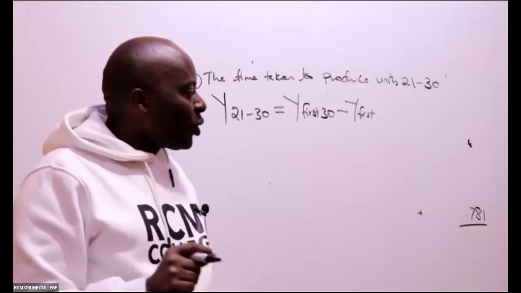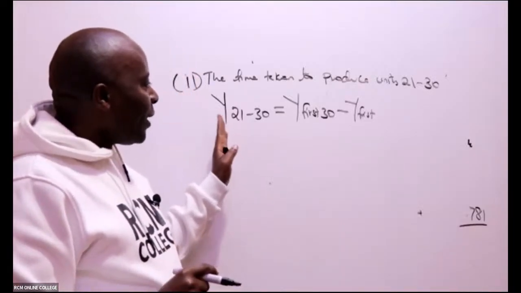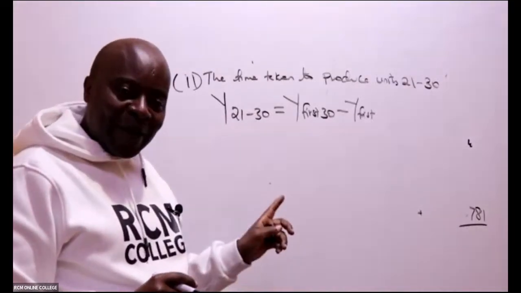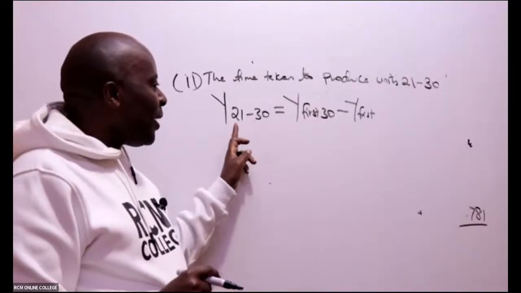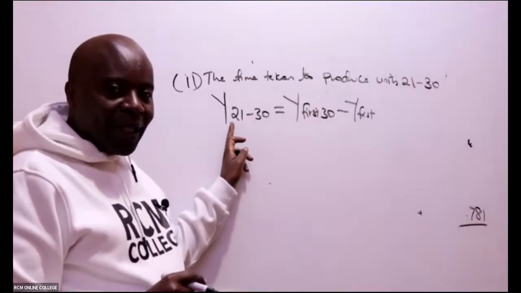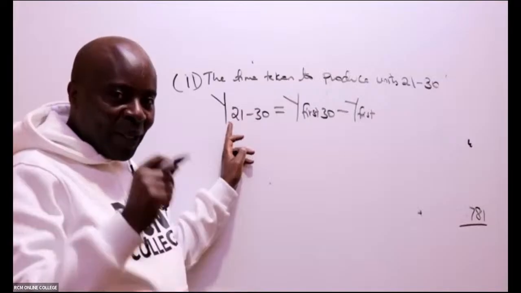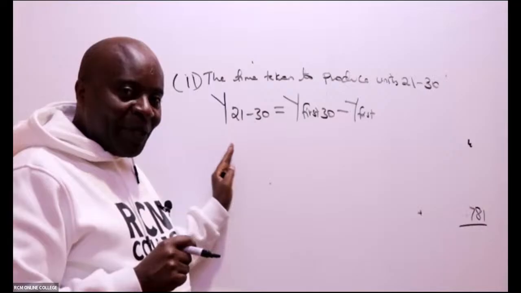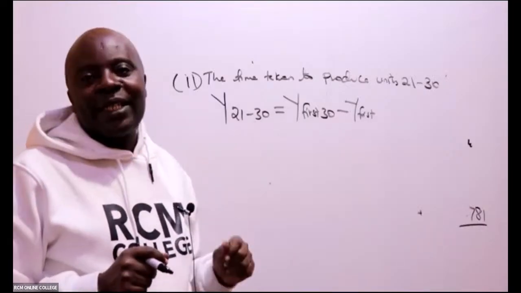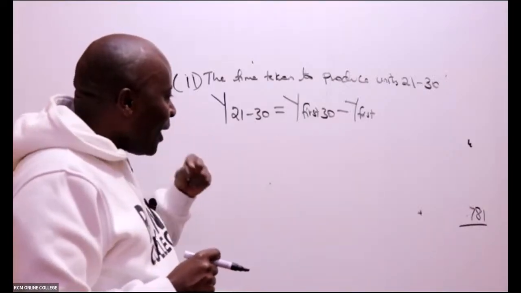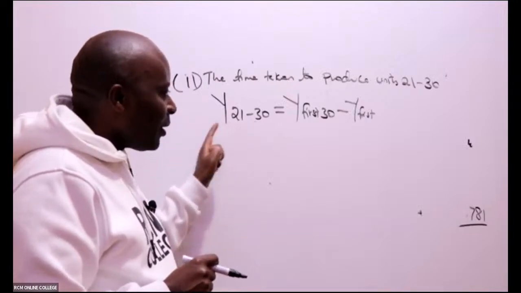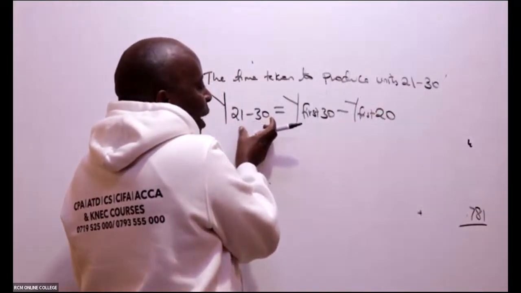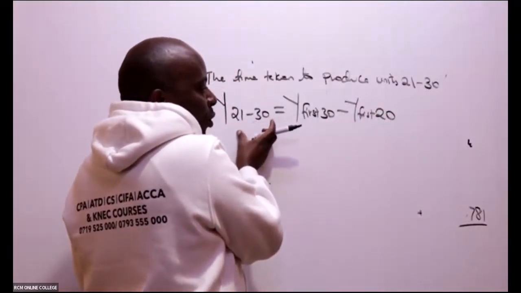If I look at this question very well, where they are cutting, I'll be able to tell. Because 21 to 30 is required, the number being cut is the first 20. Don't cut 21 because 21 is in the good range.